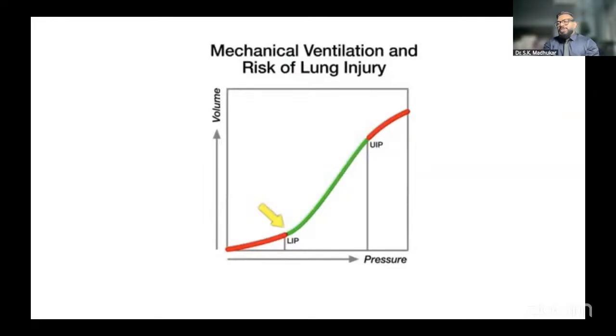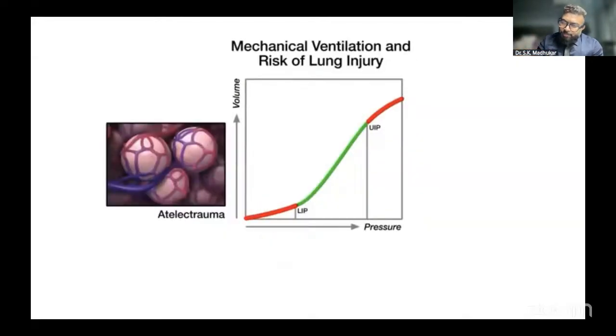To prevent lung injury, we have to ventilate the patient in the steepest portion of the pressure volume loop, that is the green part. If we are ventilating below LIP, at a pressure which is not causing much change in the volume, then what's happening?